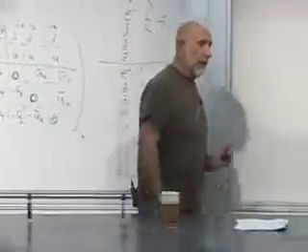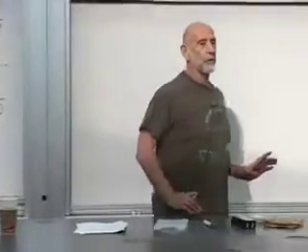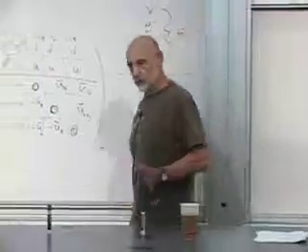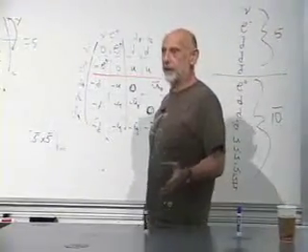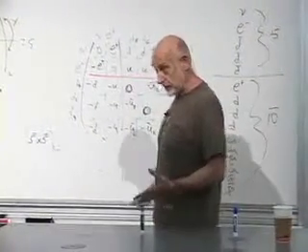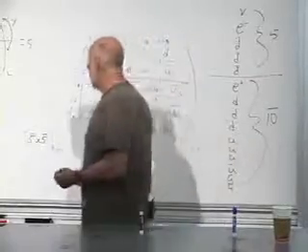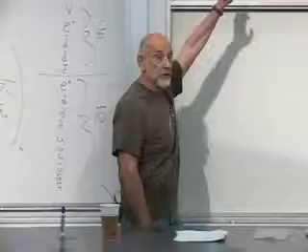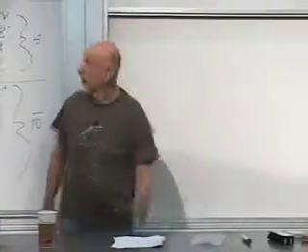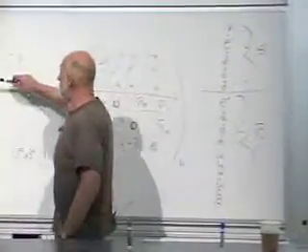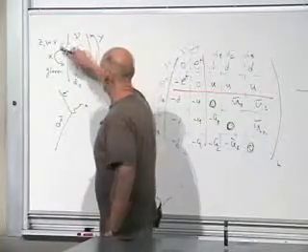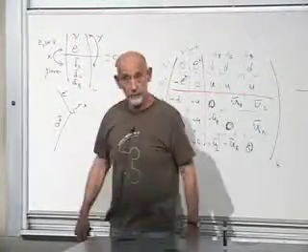But SU5 is not a symmetry of nature. It cannot be a true symmetry or even approximately a symmetry of nature. Why? Because of the enormous difference between the necessary mass of the X boson. The X boson exists in the same multiplet as the gluons, the W boson, and the photons.